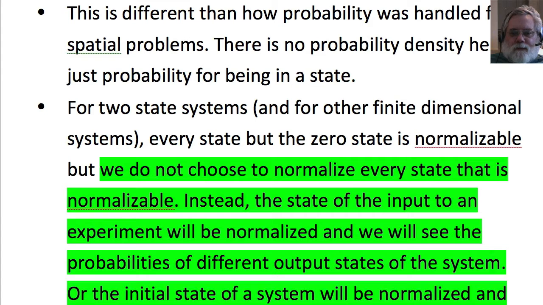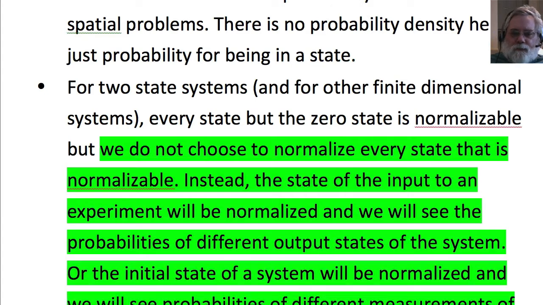For two-state systems and for other finite-dimensional systems, every state but the zero state is normalizable. But we do not choose to normalize every state that is normalizable, unlike when we did spatial problems.